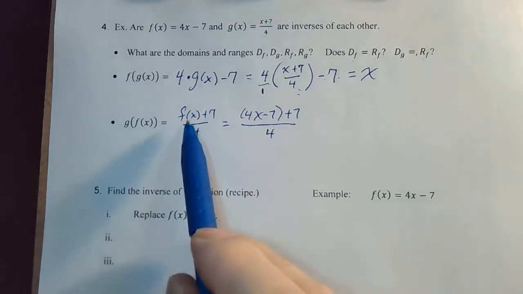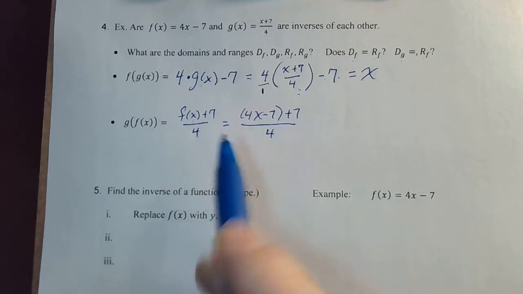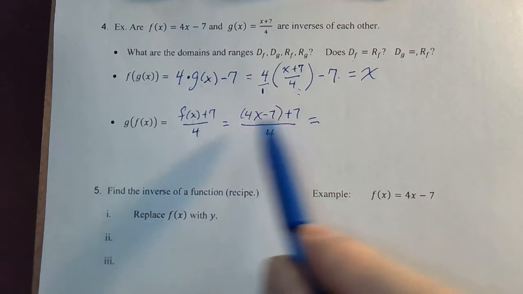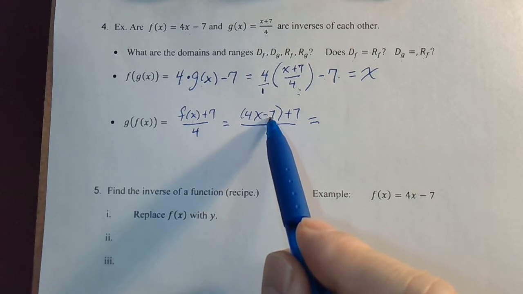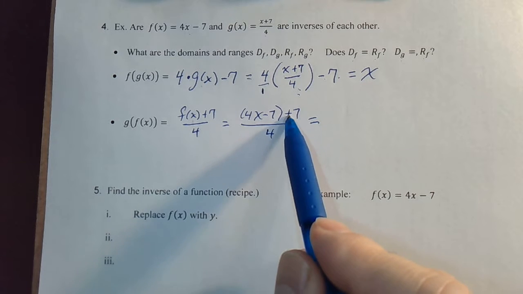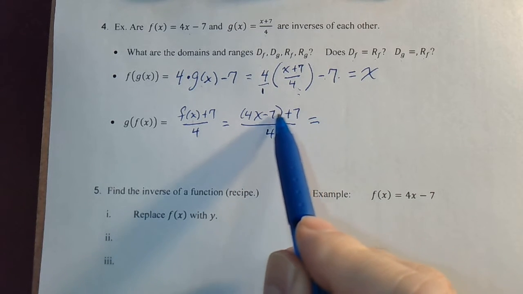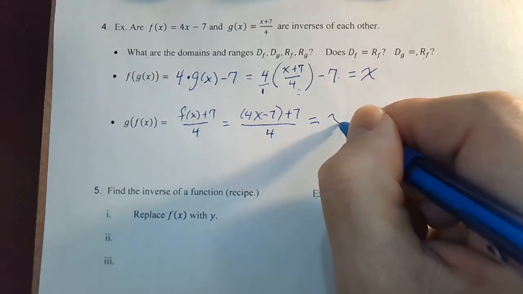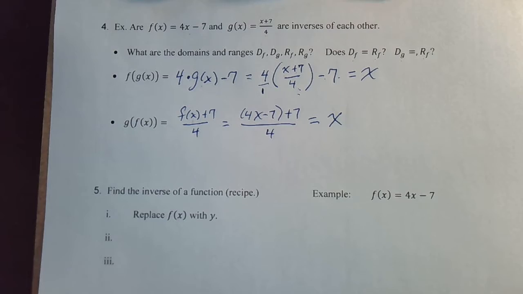So all we did is replace f of x with 4x minus 7 in parentheses. Now, can we do this in our heads? The numerator is 4x minus 7 plus 7, so the minus 7 plus 7 goes away. That's a 0. And we get 4x over 4. And the 4's cancel, and indeed, we get x.